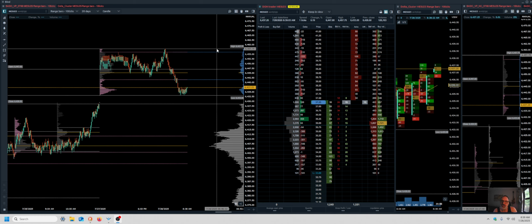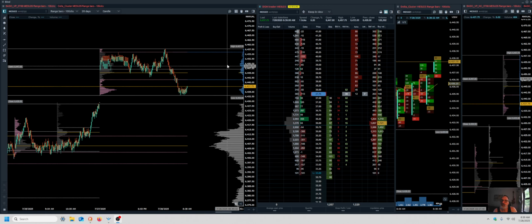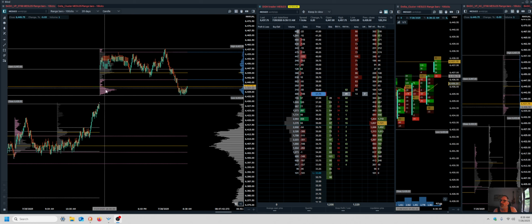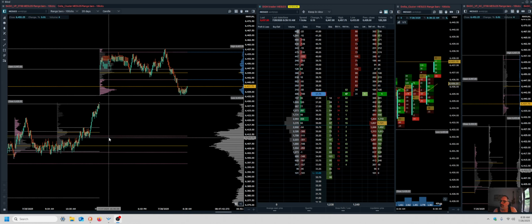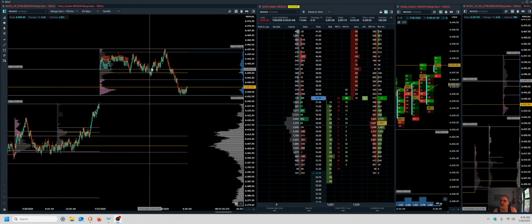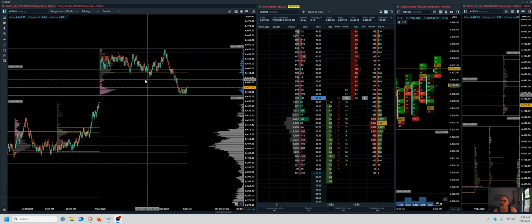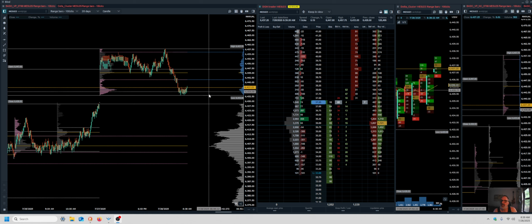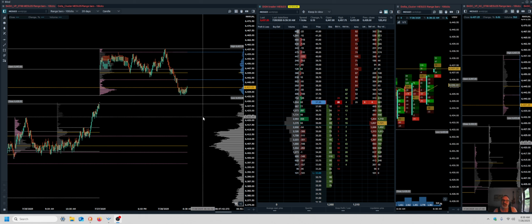Now the platform is called Quant Tower, and I have it set up where the value area in these volume profiles is printed out. If you take a look at them, the POC is the yellow. They pretty much go to these lines. So I don't really need to scope out other lines. I don't use trend lines. I don't use any of that.